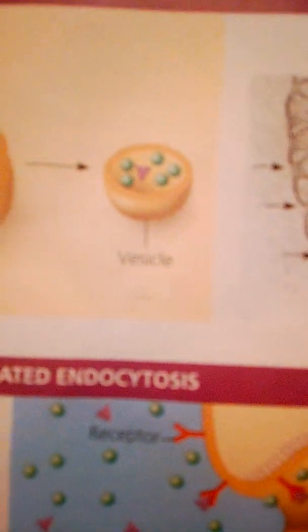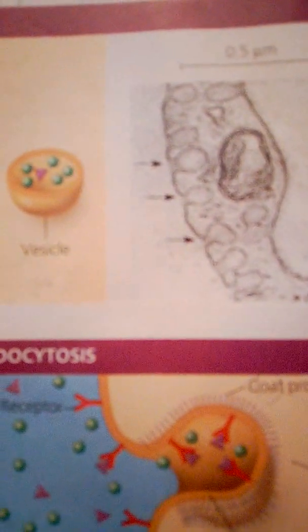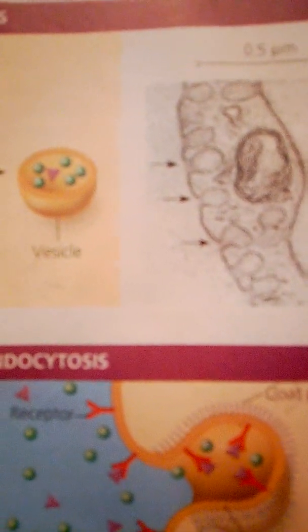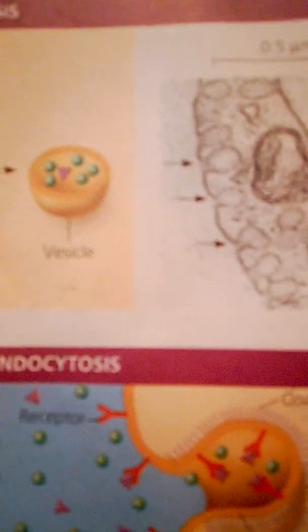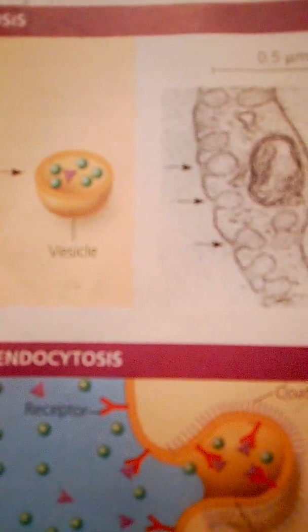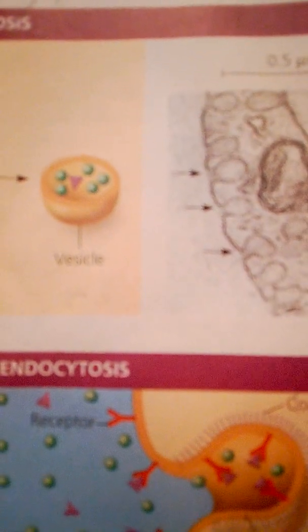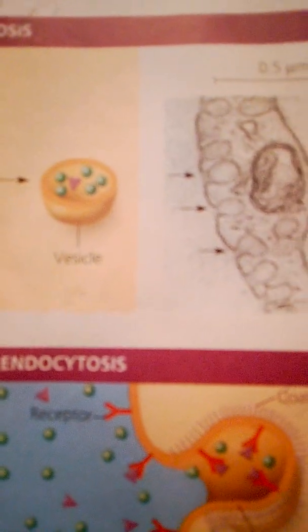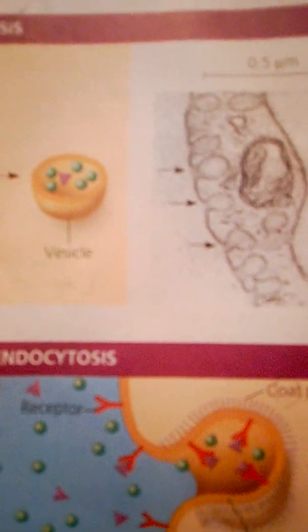Receptor-mediated endocytosis enables the cell to acquire bulk quantities of specific substances, even though those substances may not be very concentrated in the extracellular fluid. Embedded in the membrane are proteins with specific receptor sites exposed to the extracellular fluid.